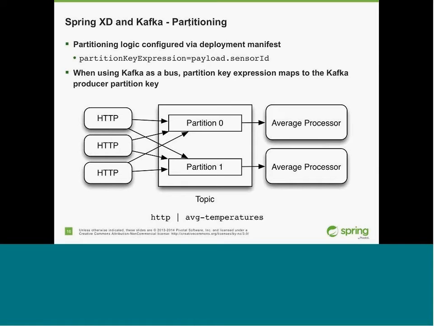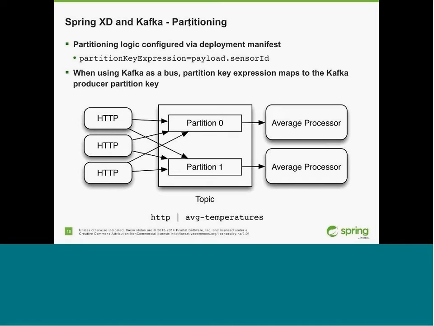This ties very nicely into the way Kafka handles partitioning, because when using Kafka as a bus, the partition key expression maps very well to the Kafka producer partition key. So essentially, we can make sure that, for example, with a partition key expression that uses the sensor ID for partitioning, the data from the same sensors is always written to the same partition.